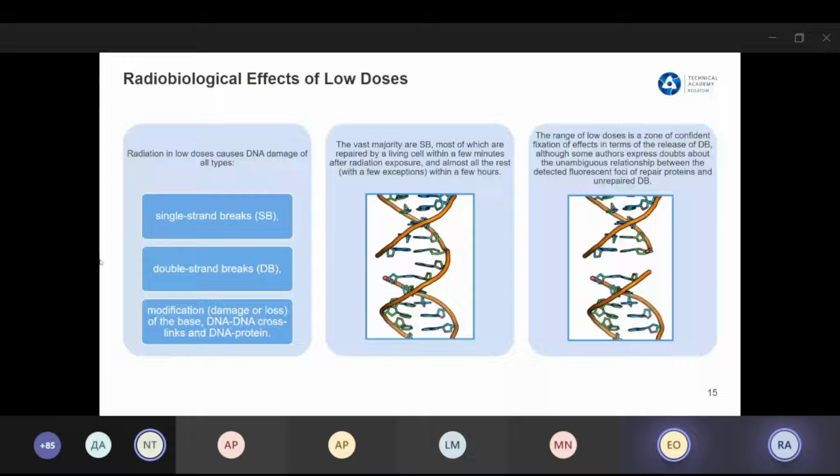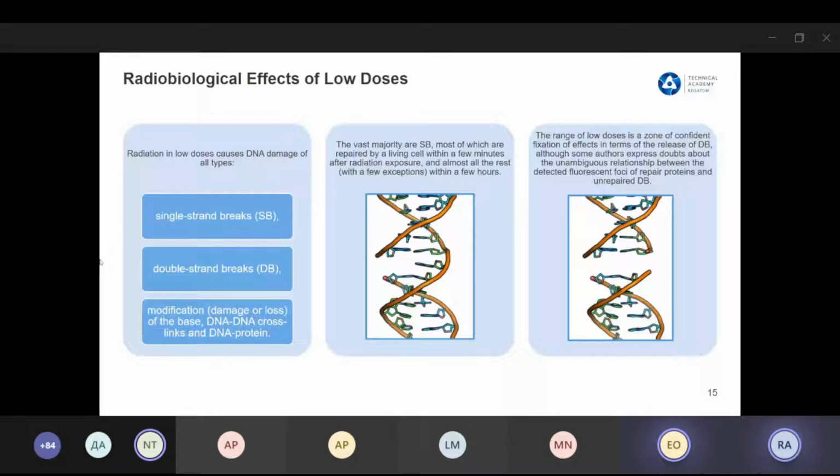The vast majority are single-strand breaks, most of which are repaired by the living cell within a few minutes after radiation exposure, and almost all the rest, with a few exceptions, within a few hours.